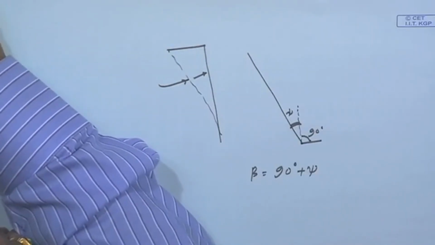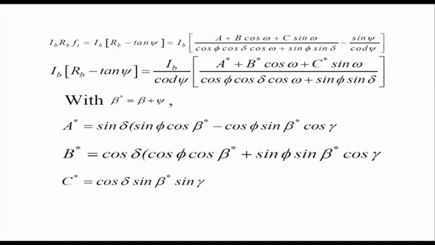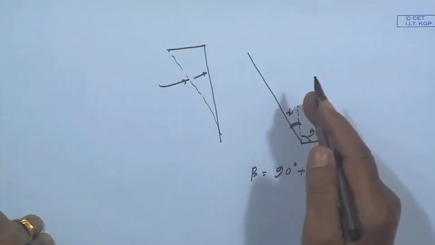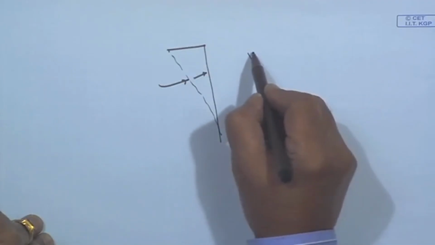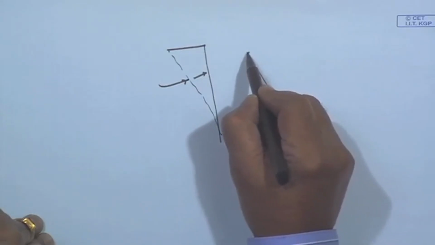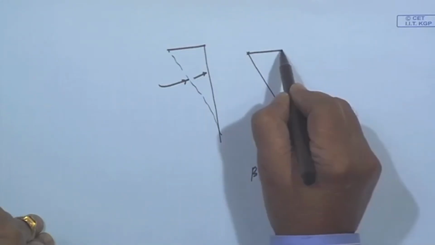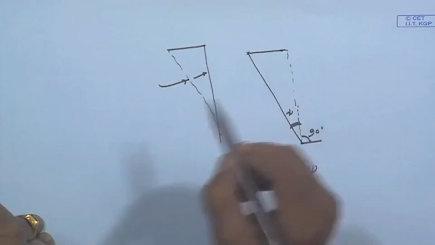So, if you want to calculate the monthly average daily radiation or F_i bar without going through F_i bar, you just calculate the daily or monthly average daily radiation on the plane which joins the edge of the overhang to the base of the window.